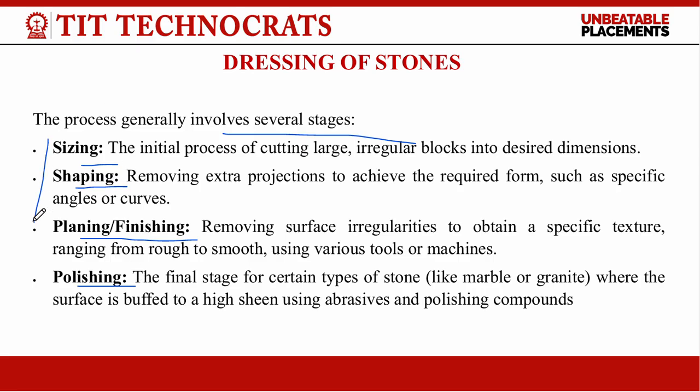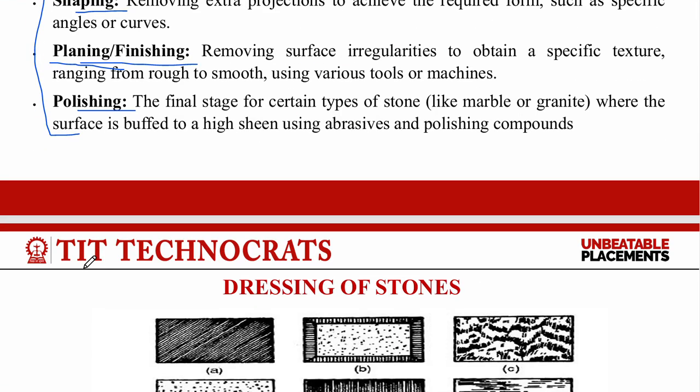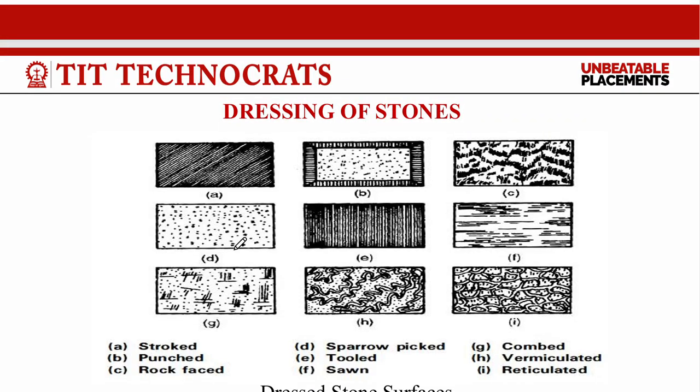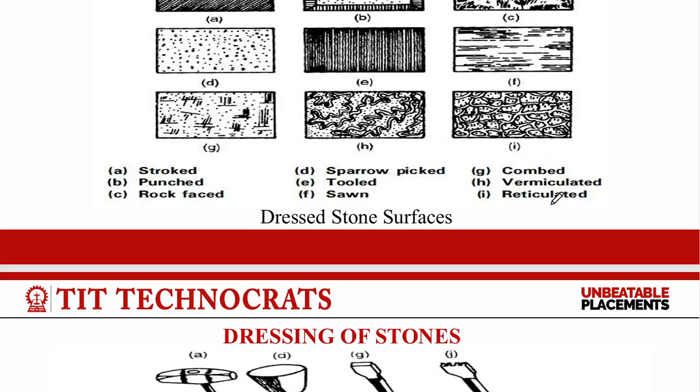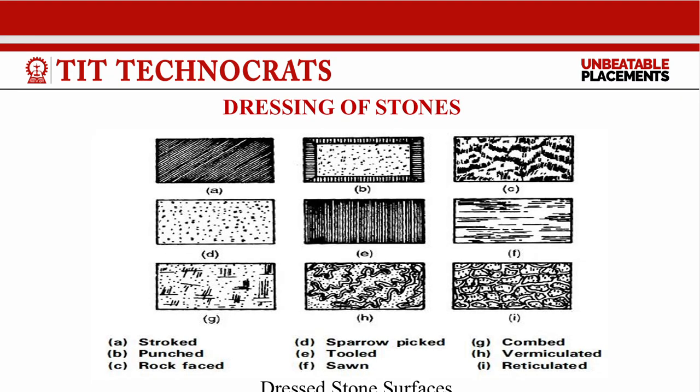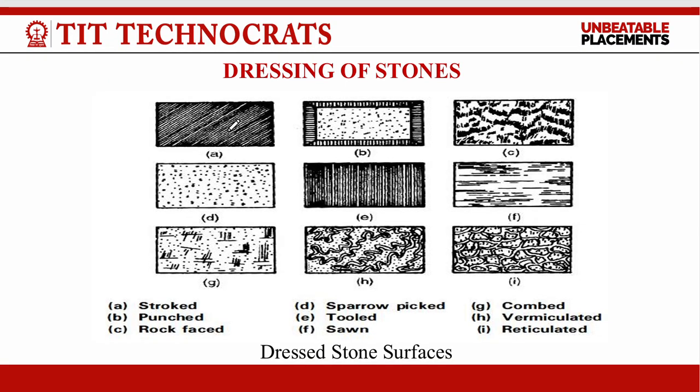First we make the proper size of the stone, then give it shape and finish, and then polish it. Here you can see the different stone surfaces created by the dresser.